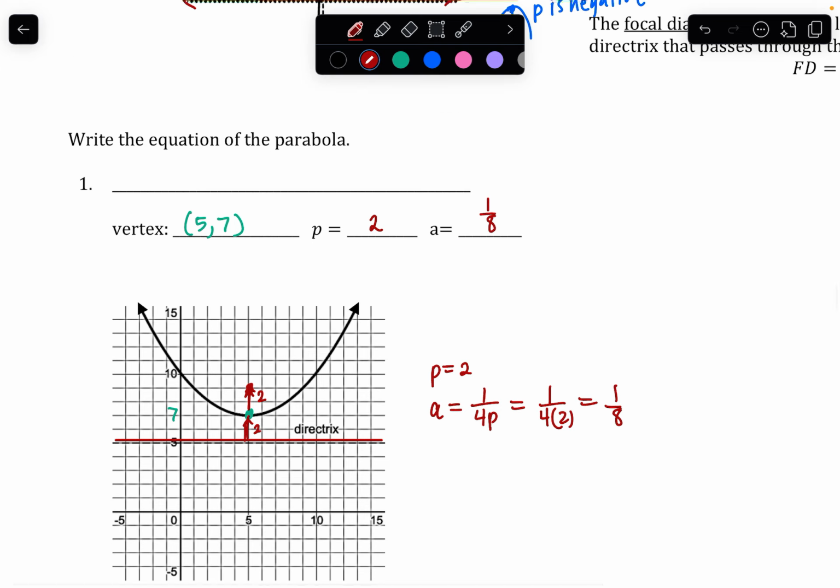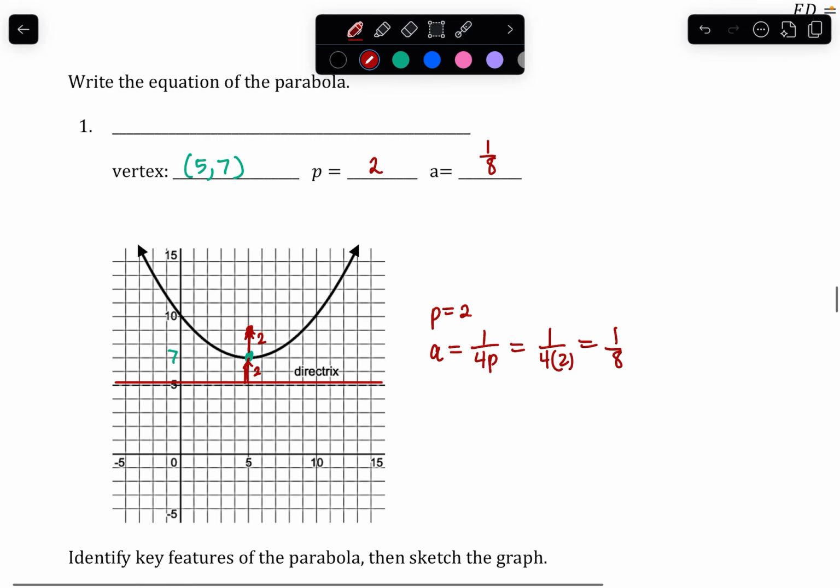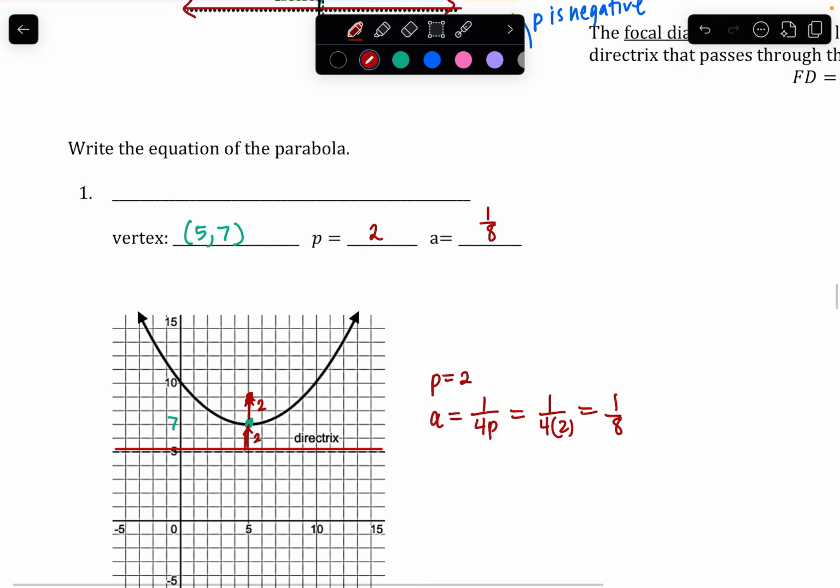You can see the p-value in the graph. You don't see p in the equation. You see a in the equation. So p corresponds to the graph. A is going to be what you see in the equation. Our equation, since my y-coordinate is 7, I'm going to have y minus 7 on the left side equals my a value, which is 1/8, parentheses x minus the x-coordinate squared.